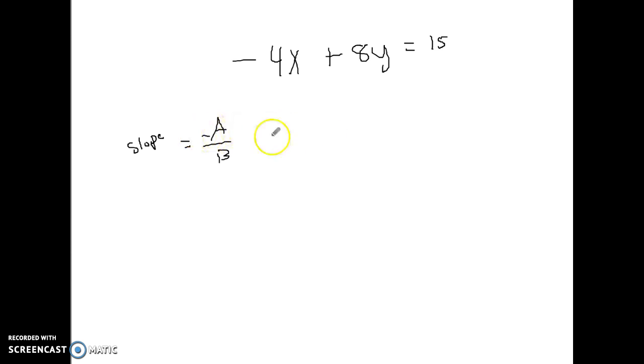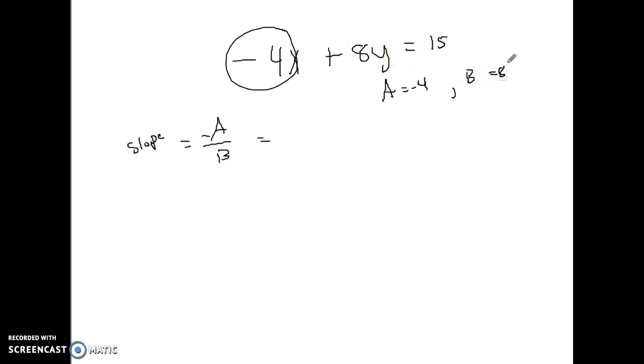Let's say my equation was negative 4x plus 8y equals 15. If I know the slope is equal to negative a over b, I've got to find what a and b are. So a is negative 4. b is 8.